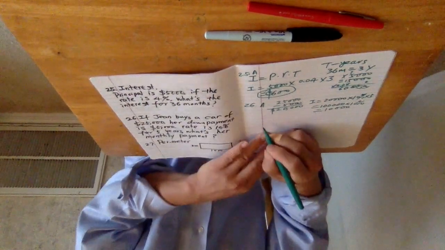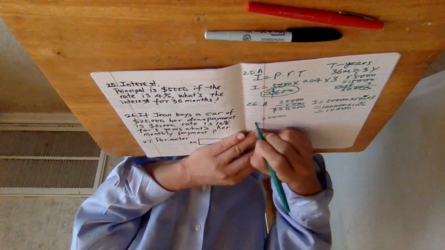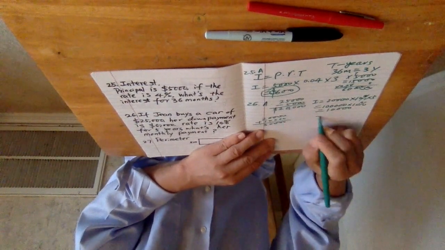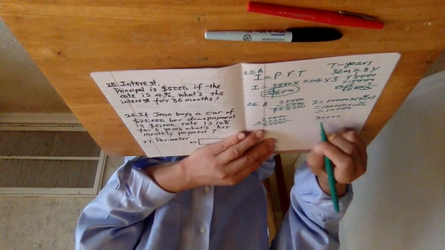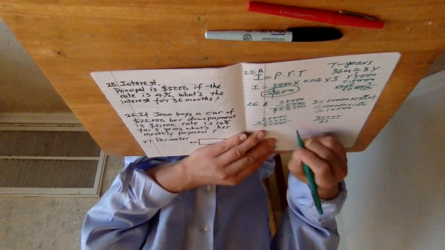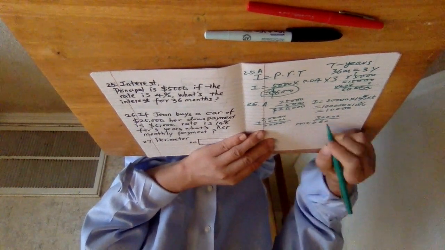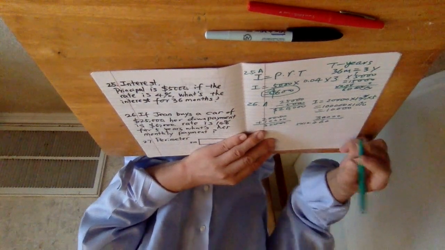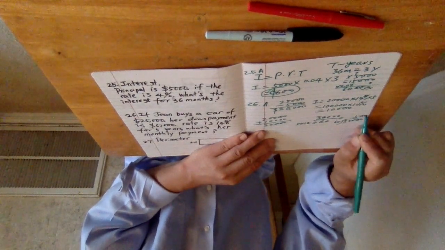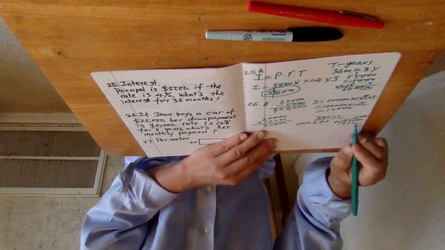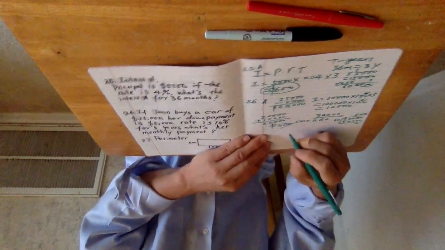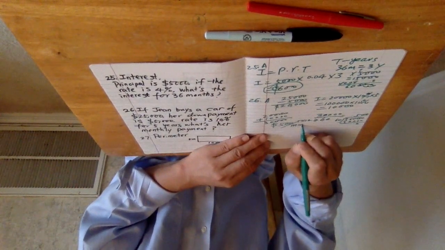So the total price will be 20,000 plus 10,000 equals 30,000. 30,000 divided by 5 times 12, which is 60 months. So we figure out how much we have. 30,000 divided by 60 will be 500 for each month. So her monthly payment will be $500 per month.